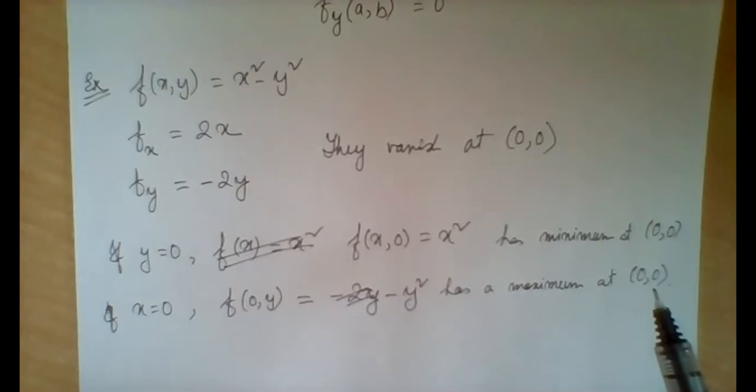For a local maximum or local minimum, in any direction you move, it should always be either a minimum or a maximum.